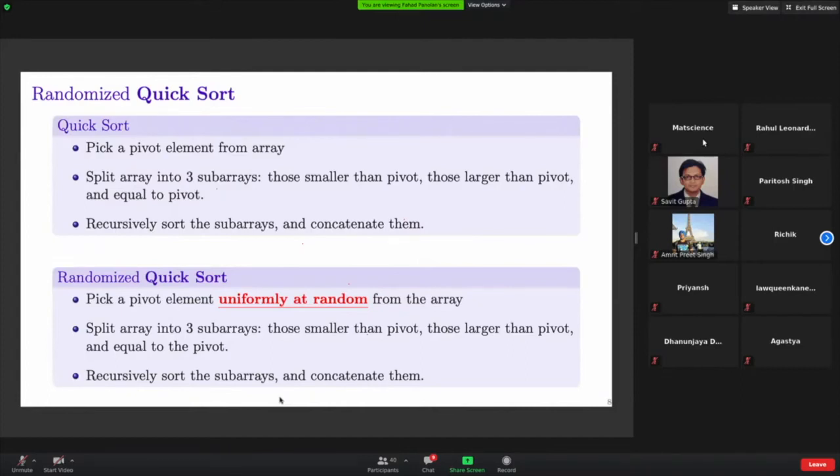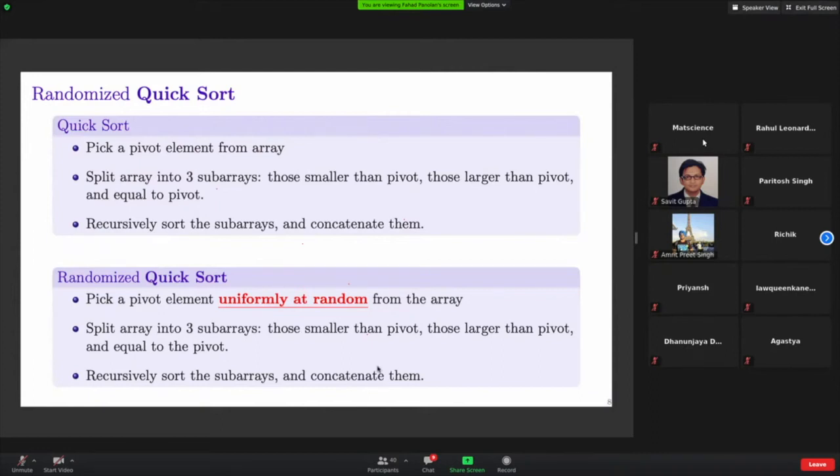In the worst case, if you sometimes get a bad pivot, you will be running O of n square. For example, if your pivot selection is the last element and the array is already sorted, then you are going to get this running time.